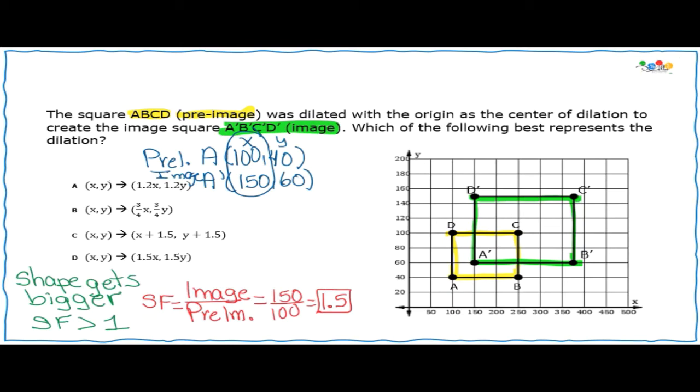Is that right? So what I want to do next is I want to compare. I'm going to choose another one. Let's choose D and D prime. Okay? So let's find the coordinates for D. D has a coordinates of 100 and 100, and D prime has 150 and 150.